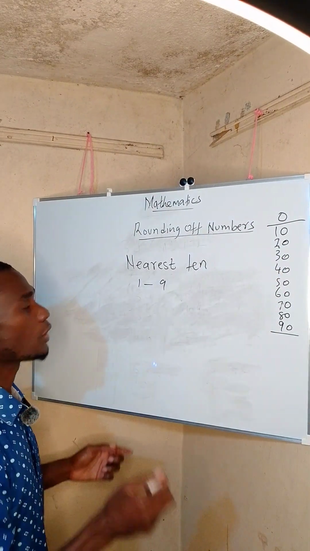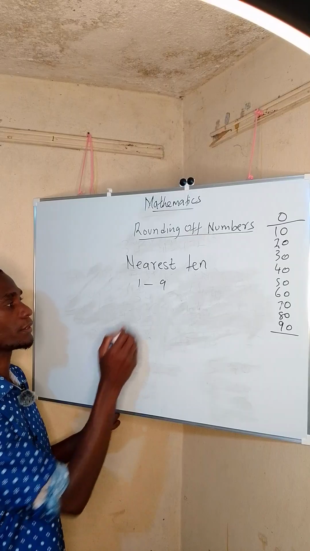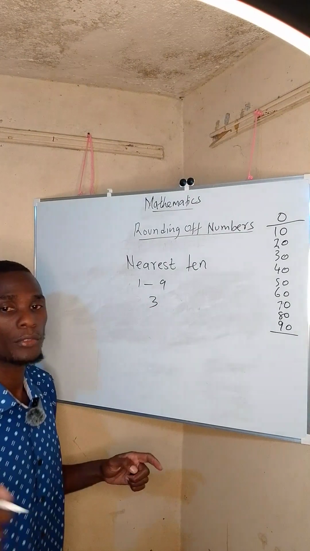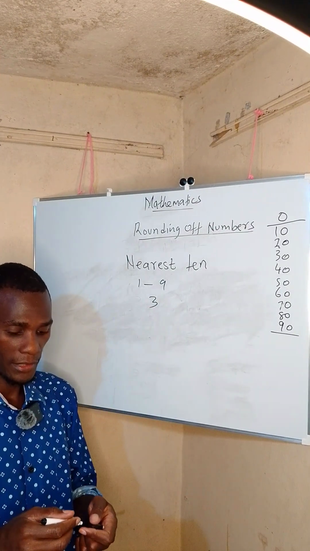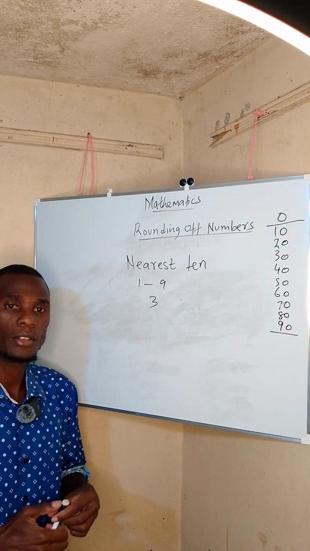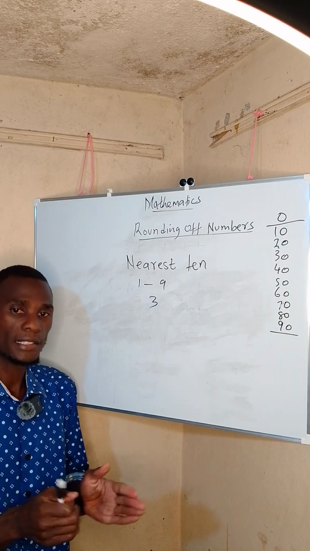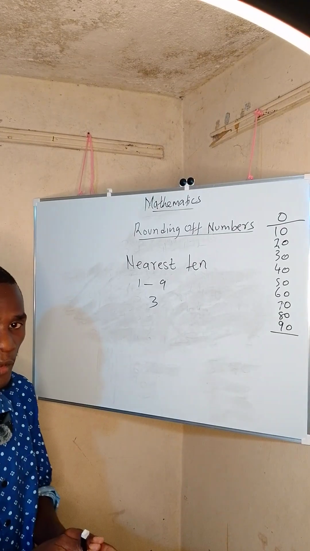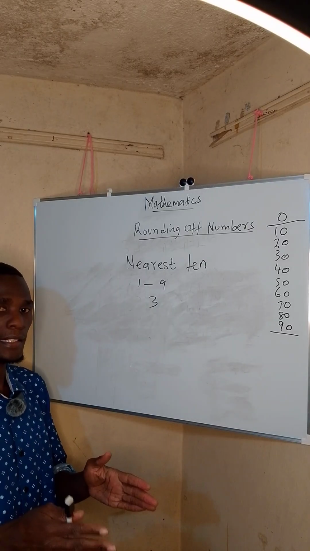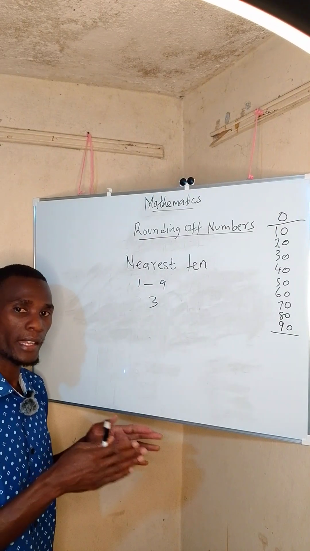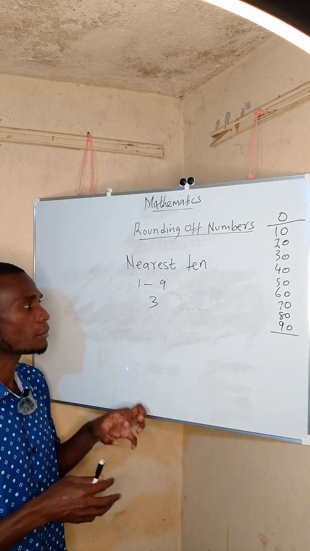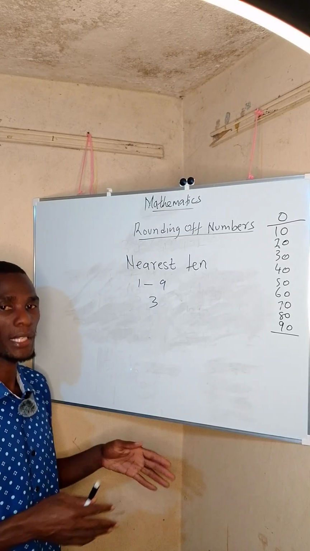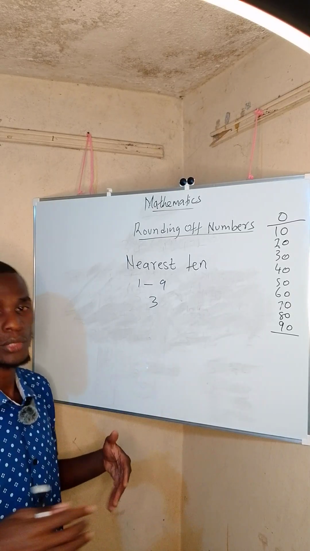For example, you have been given the number 3 and you are told to round off 3 to the nearest 10. That word rounding off means: where can this number 3 be placed in terms of distance from 0 to 10?